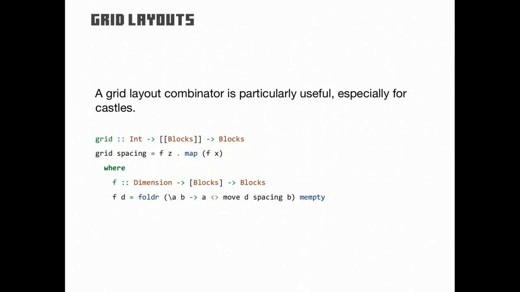And grid layout's really useful, particularly for castles. Here I'm taking a list of blocks and giving you blocks back, and I've got an auxiliary function here that adds spacing, and then concatenates them up, and then I map that over all the rows, and then finally concatenate the rows, adding spacing.